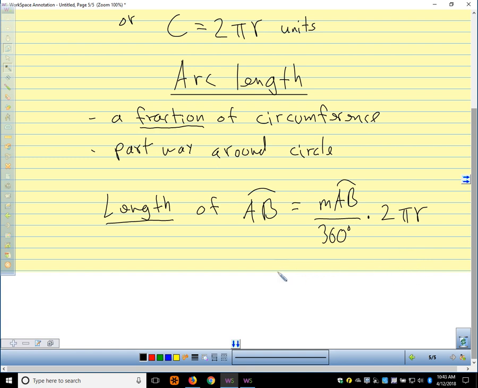This is the fraction of the circle that the arc takes up. It takes up so many degrees out of 360. So that measure of arc AB divided by 360 tells us what fraction of the circle that arc takes up.